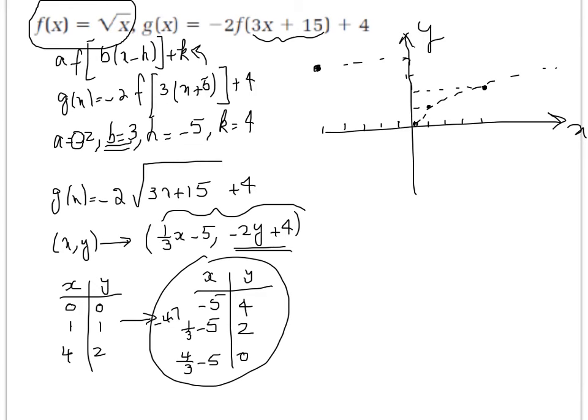So when x is minus 4.7, somewhere around here, y is 2. So it's going to be a point like this one. And when x is 4 over 3 minus 5, which is negative 3.7, y is 0. So we are going to have a graph like this one.